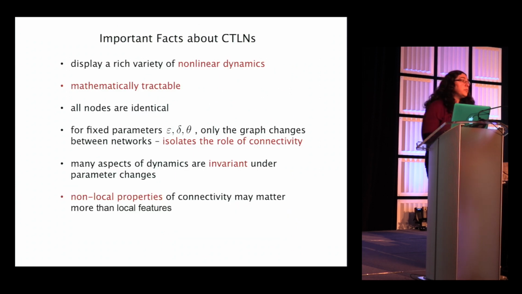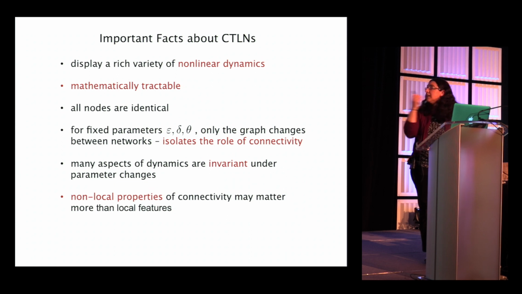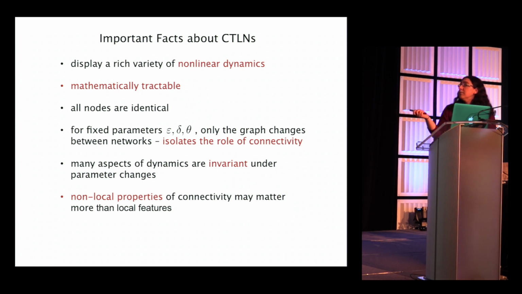Okay, so some important facts about these combinatorial threshold linear networks. They display a rich variety of nonlinear dynamics, and this is what I want to really emphasize. They're actually mathematically tractable, not completely yet, but to a larger degree than I ever expected.